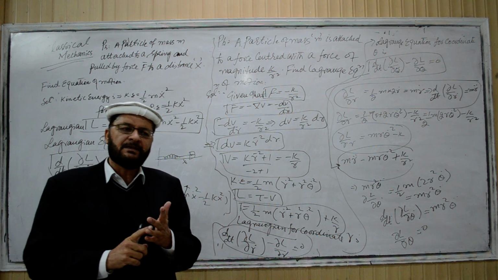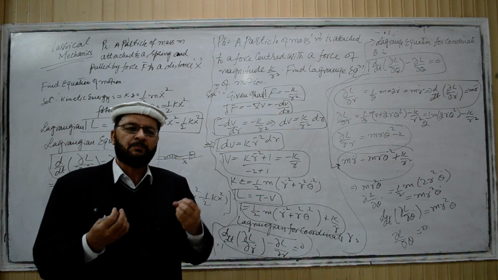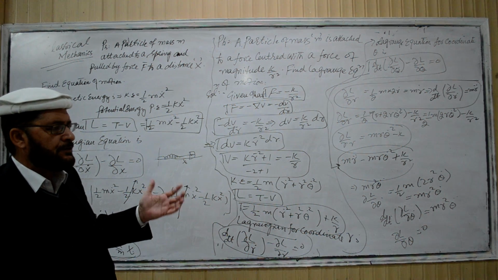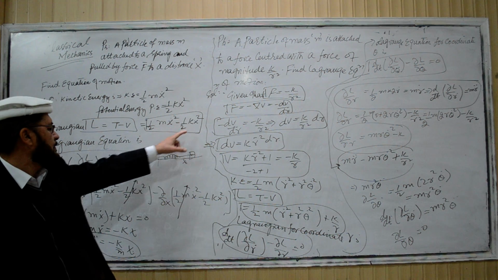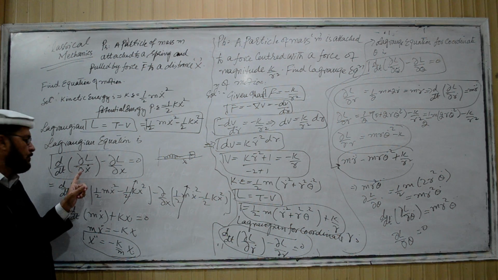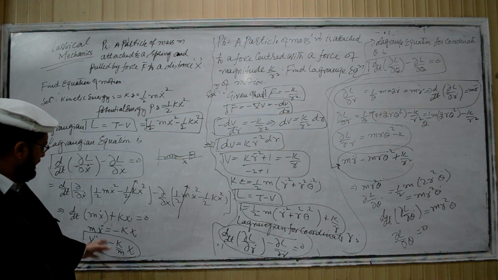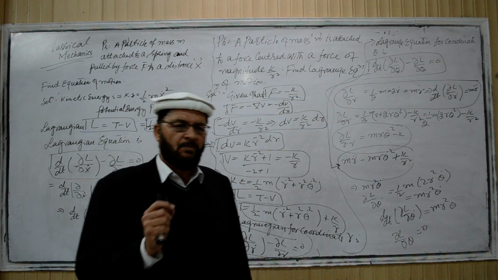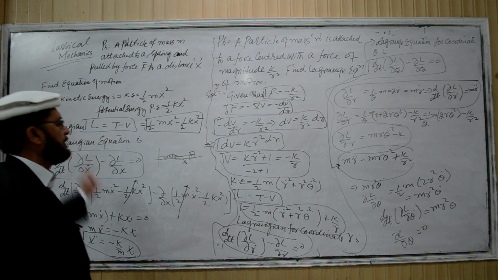So the Lagrangian in this equation is L is equal to T minus V. Putting the value of kinetic energy and potential energy, you have only x dot and x. So the equation is d by dt of del L over del x dot minus del L over del x is equal to 0. Taking the derivative, we get the equation x double dot is equal to minus k by m into x.